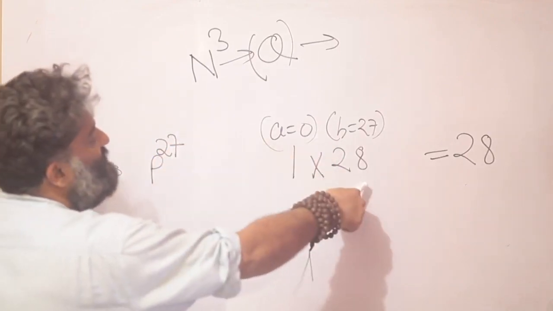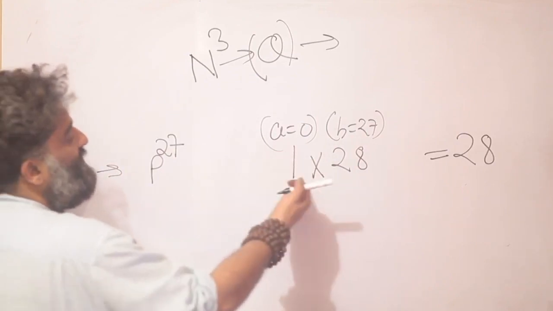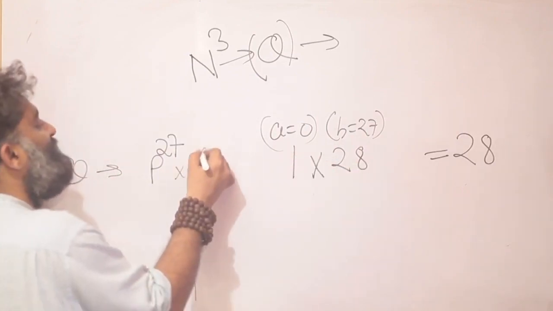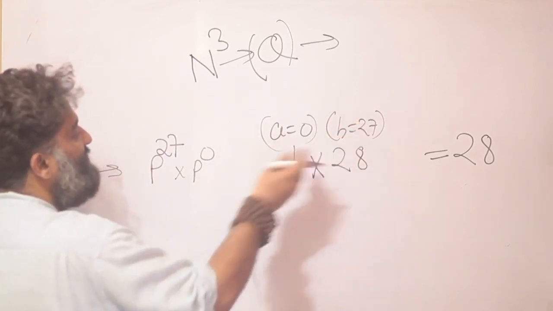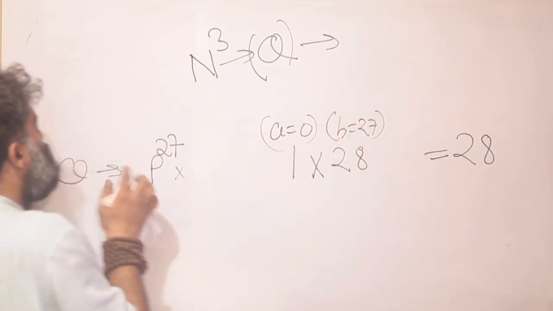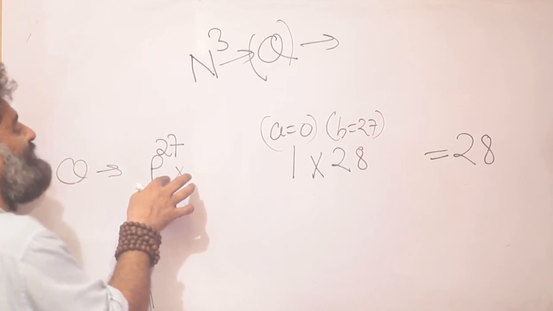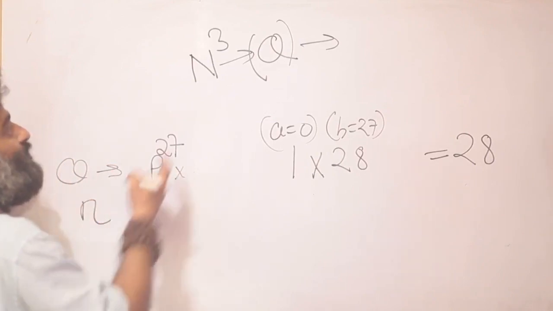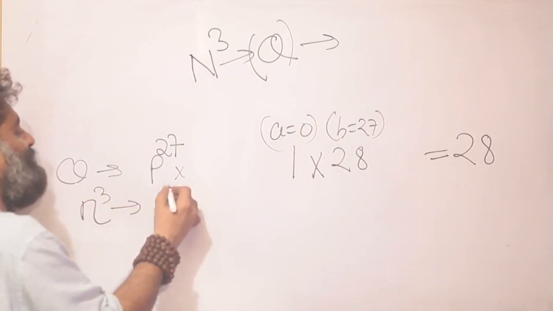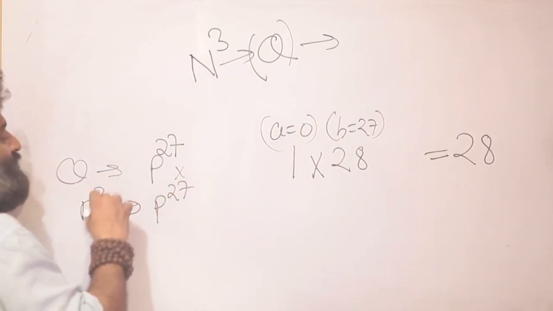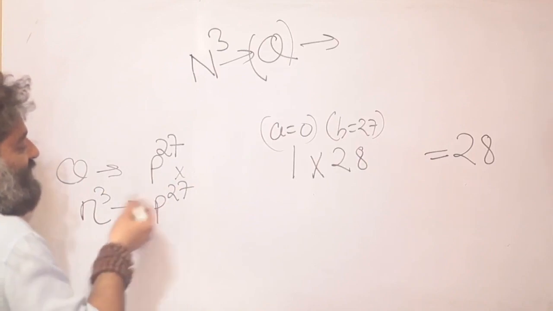Because 27 plus 1 you would have 28 factors, or you can write it as another prime number which had 0, that means it wasn't there. 0 plus 1 is 1 and 27 plus 1 is 28. So if q is p raised to 27, what would be n? Because q is n cube, that means n cube is equal to p raised to 27. Now I'll take a cube root on both sides or divide it by 3.